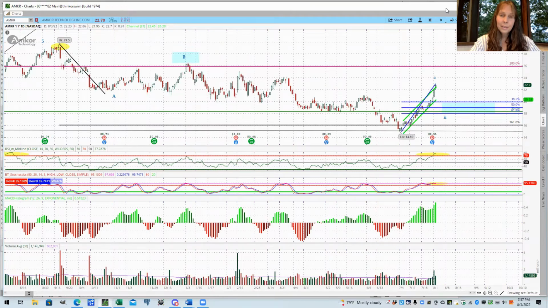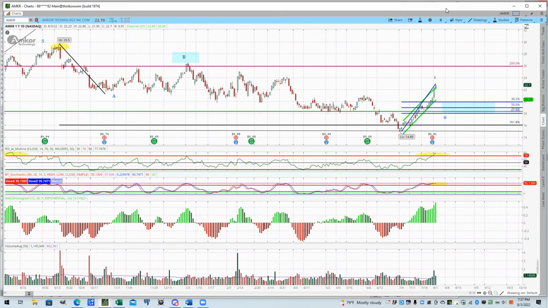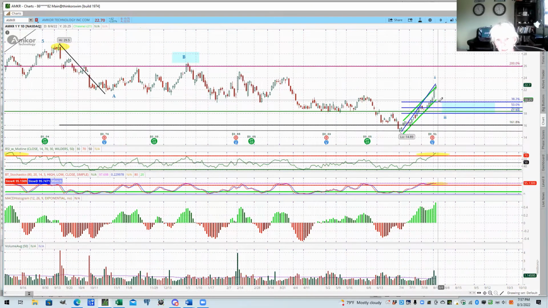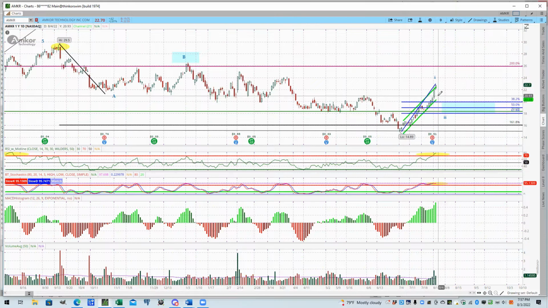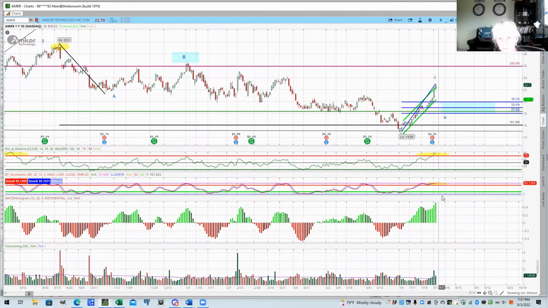What price point are you interested in buying that at then, Mayor? Oh, I would wait until it retraces. I see what it was doing around 20 or somewhere down here, the $20 range, and see what the indicators are telling me.